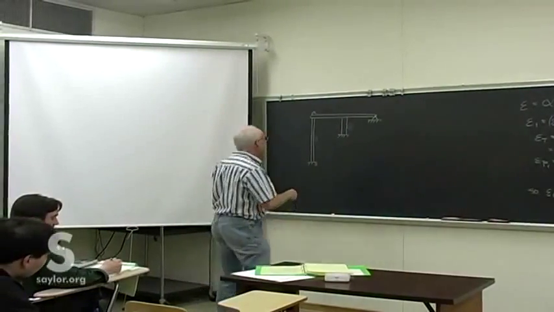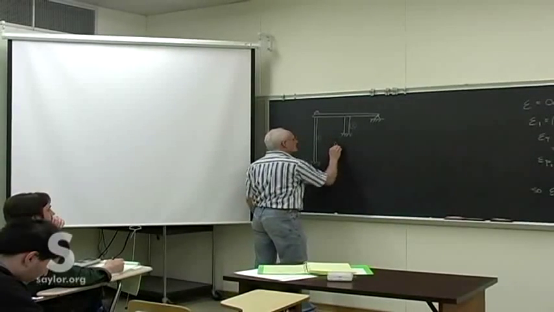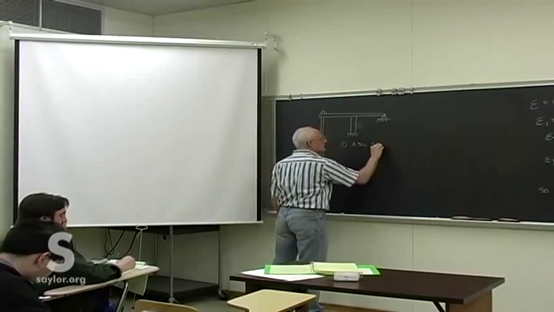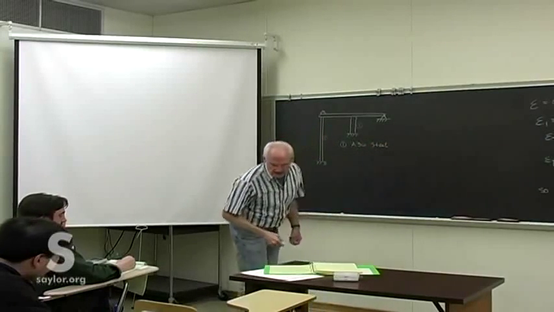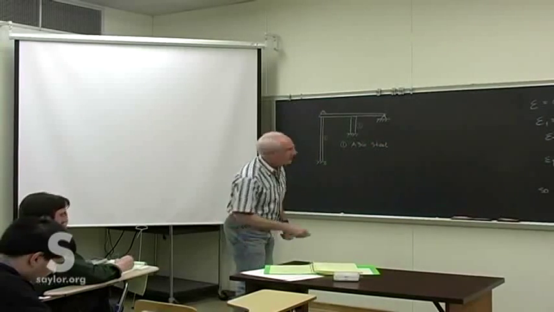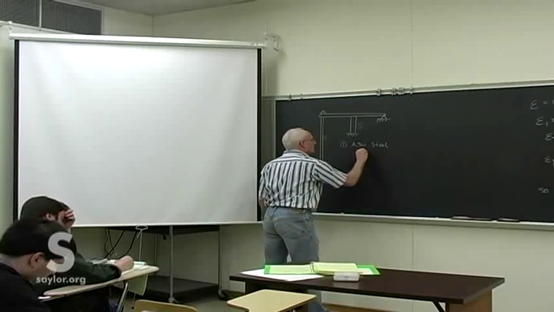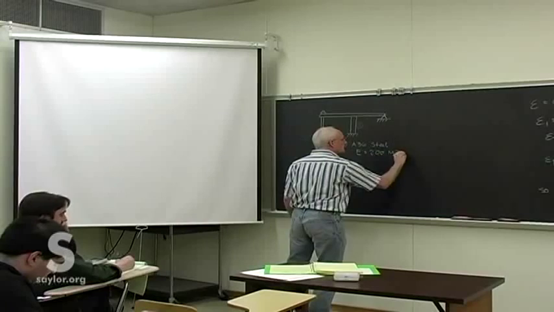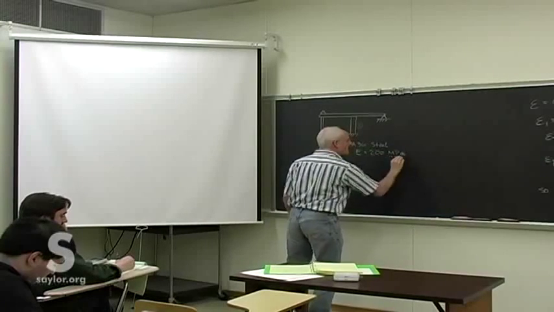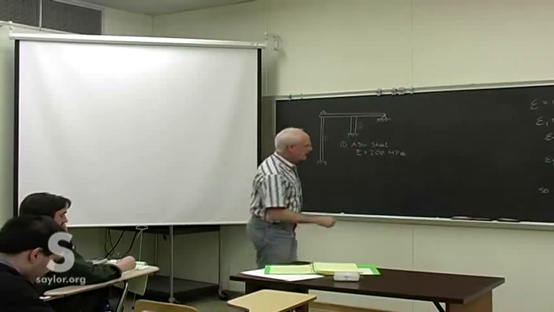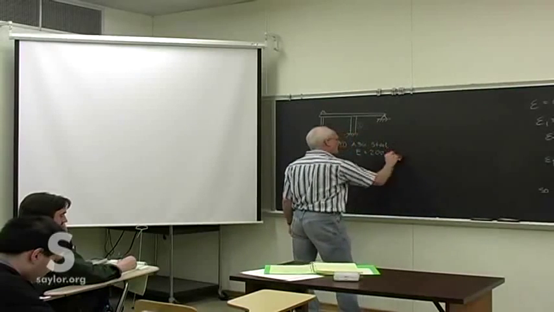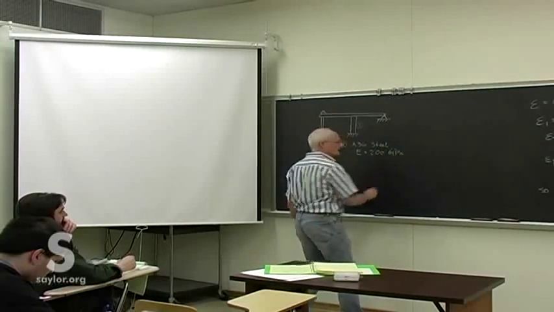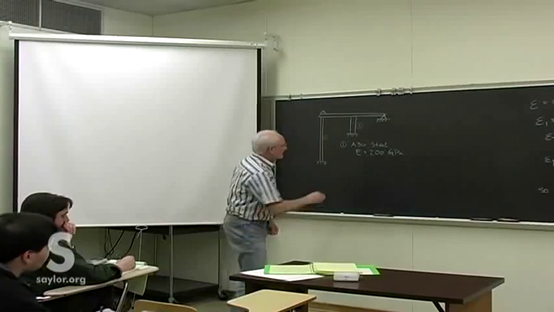So for the problem, their properties are, again, A36 steel, so any properties we need are right out of the book. We'll do it in metric, so that's 200 megapascals. Sorry, gigapascals. What else do we need?